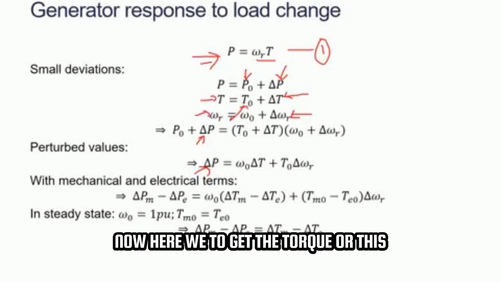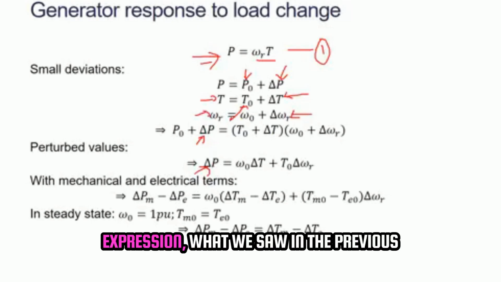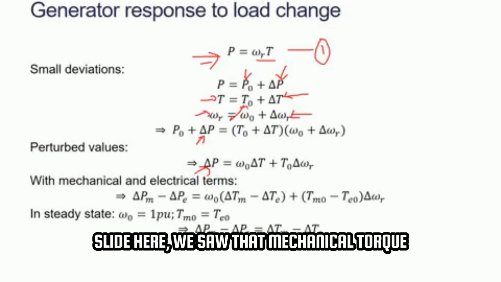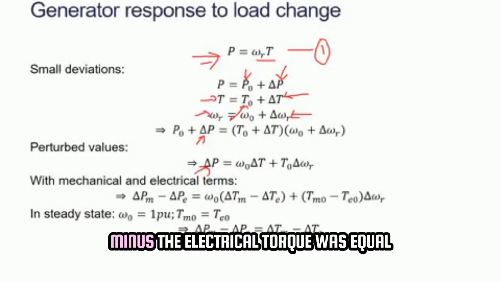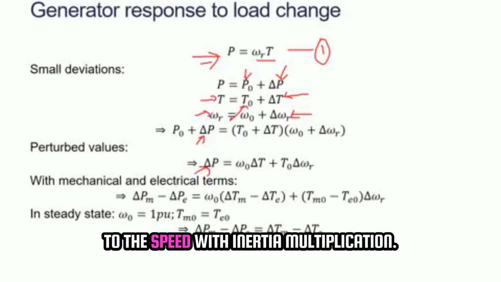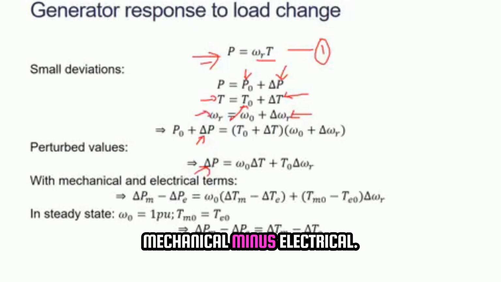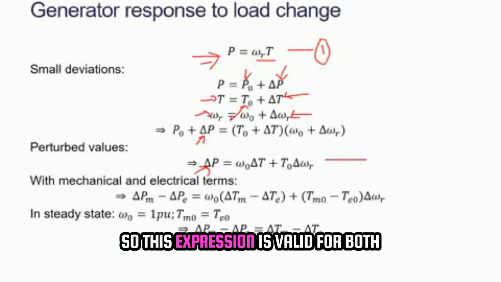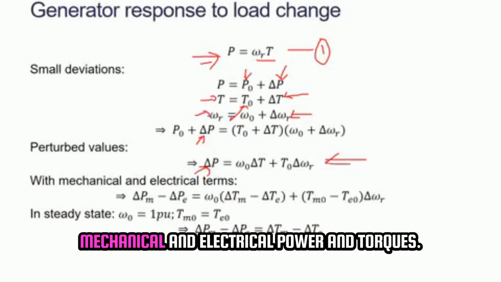Now to get the torque expression we saw in the previous slide, mechanical torque minus the electrical torque was equal to the speed with inertia multiplication. So basically it is mechanical minus electrical. This expression is valid for both mechanical and electrical power and torques.